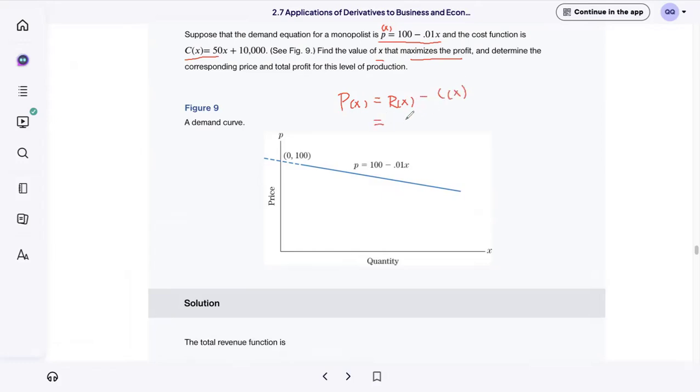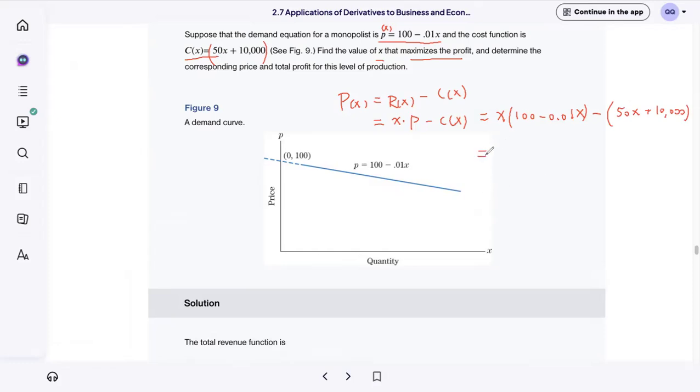How do we form revenue? Revenue is the quantity multiplied by price. Right? Well, price is a function of x. It's 100 minus 0.01x. And the cost function is 50x plus 10,000, which we subtract.